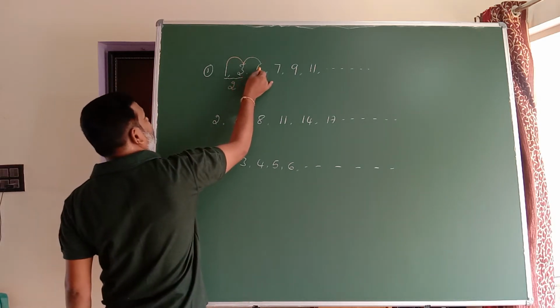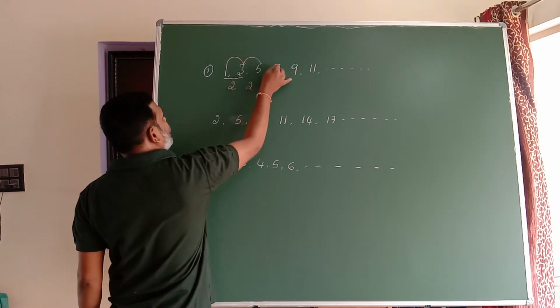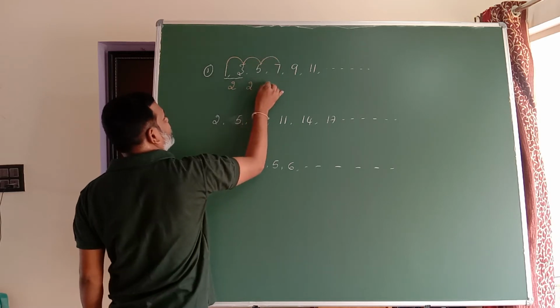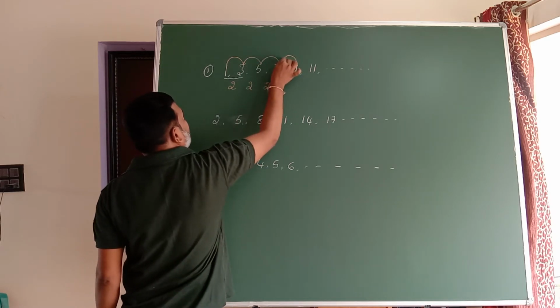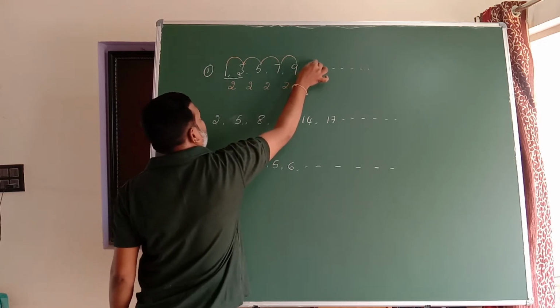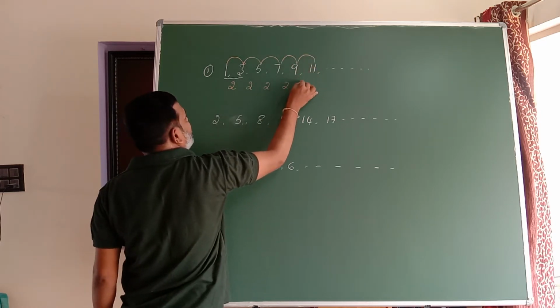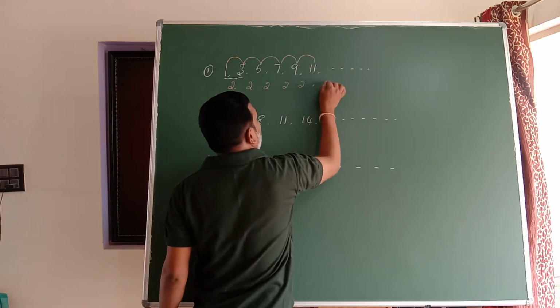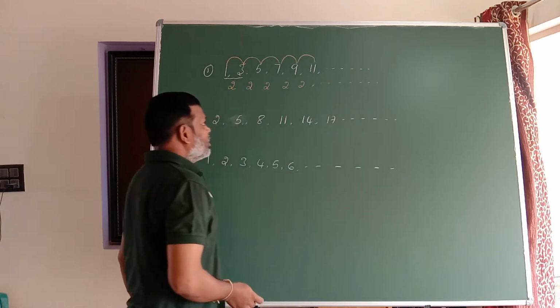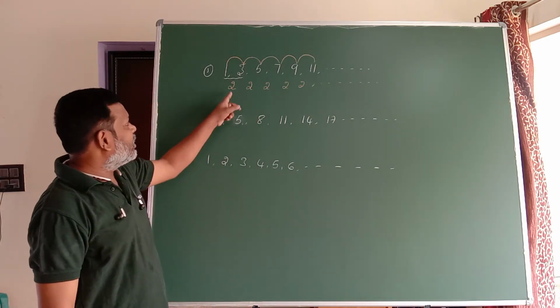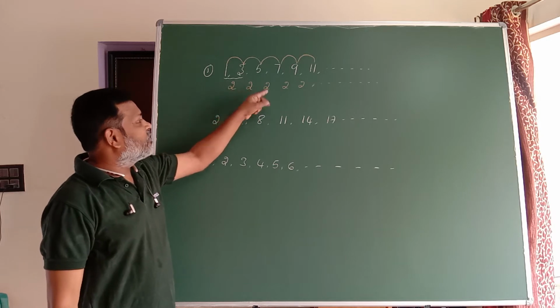What is the difference of 5 and 3? That is 2. What is the difference of 7 and 5? That is 2. What is the difference of 9 and 7? 2. What is the difference of 11 and 9? That is 2. So on like that. Here we got the constant difference.